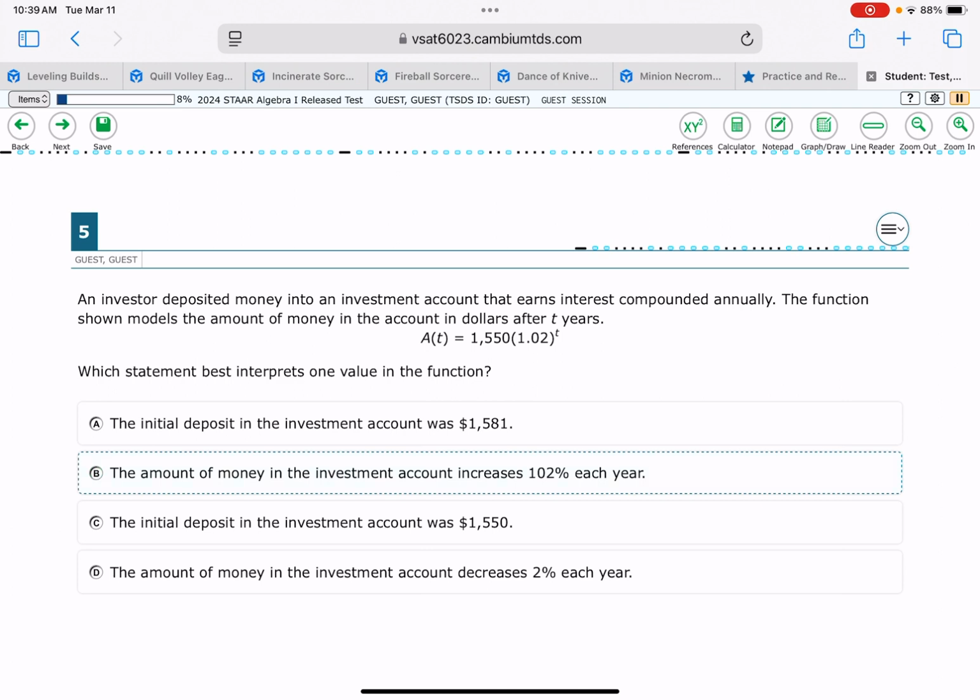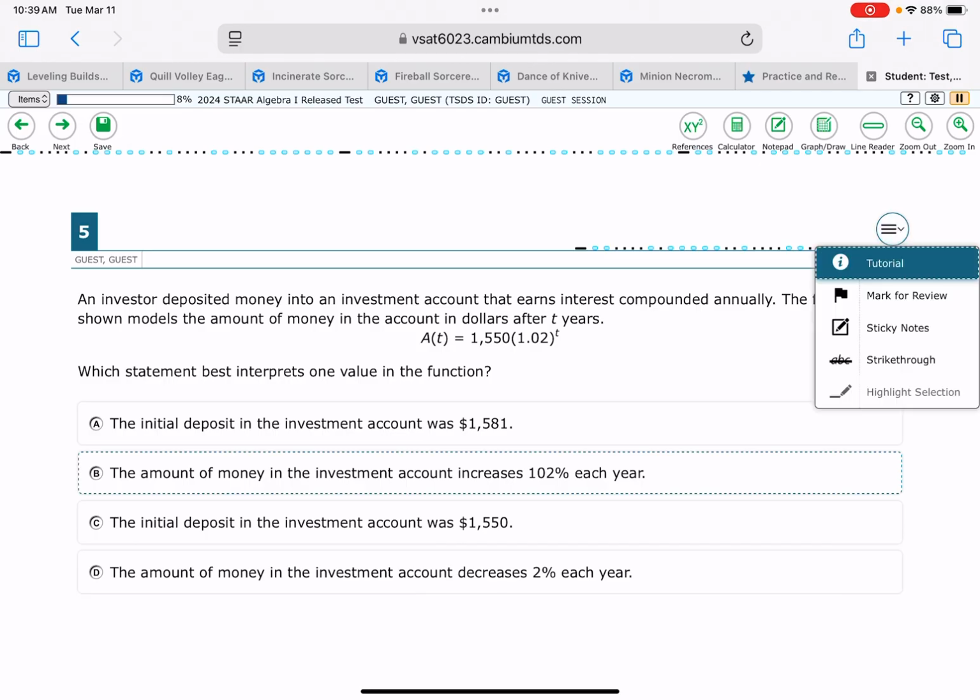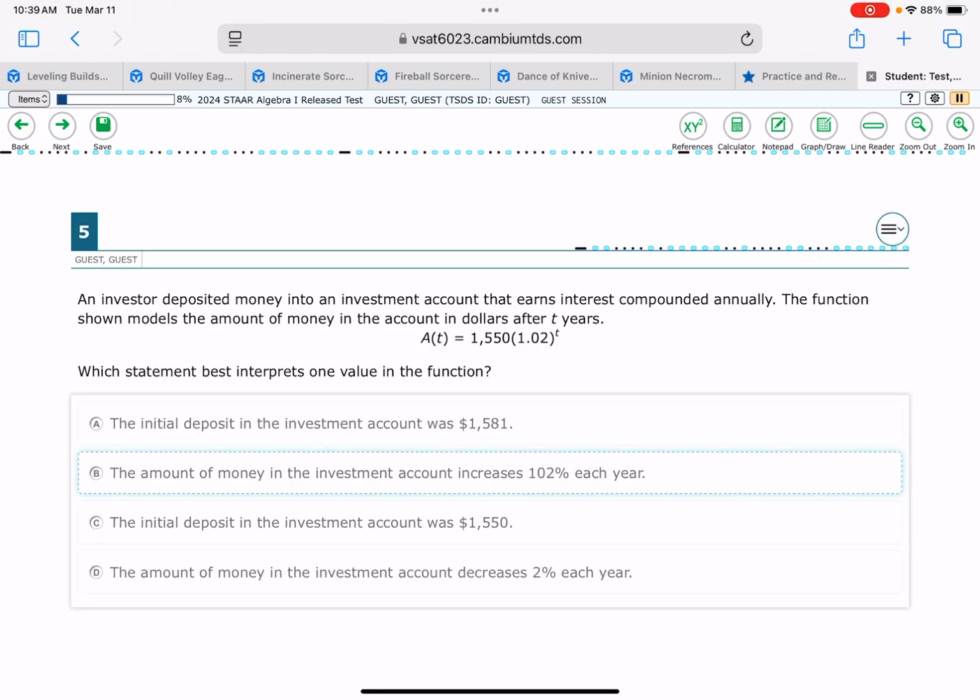All right, question number 5, I can also answer this without doing any calculations. I'm looking at the number in front of the parentheses, 1,550. I'm also looking at the number inside. Now, the 1,550, that is where we have an initial investment, or a deposit. So if we look at our first answer choice, A, it says the investment in the account was 1,581. It's not true.